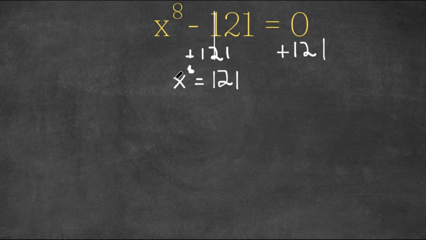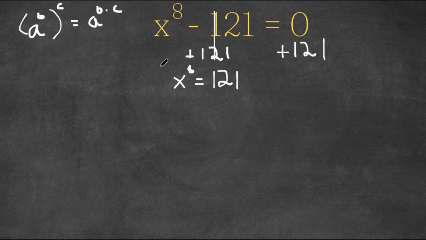Now what we're going to do is recall a property of exponents. If we have a to the power of b, to the power of c, this is equal to a to the power of b times c.